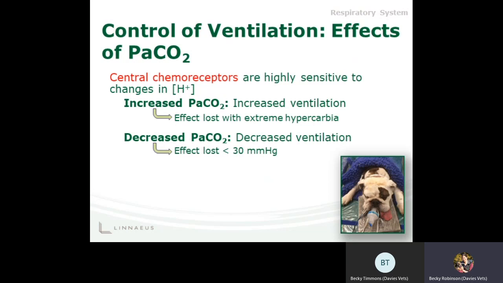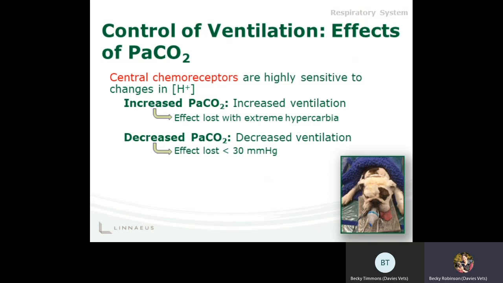With regards to the central chemoreceptors, generally speaking, an increase in our partial pressure of carbon dioxide in the arterial system, our PaCO2, will cause an increase in the patient's alveolar ventilation. Although it's important to note that this effect is lost with extreme hypercapnia, which produces central depression and narcosis and therefore reduces the ventilatory response to carbon dioxide.